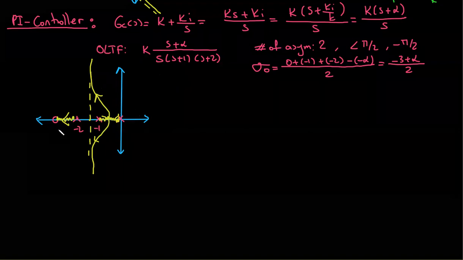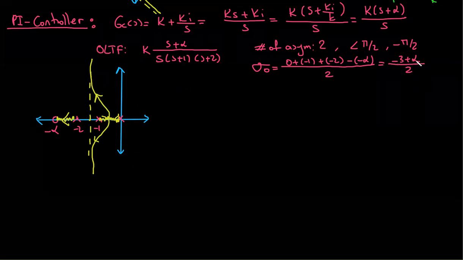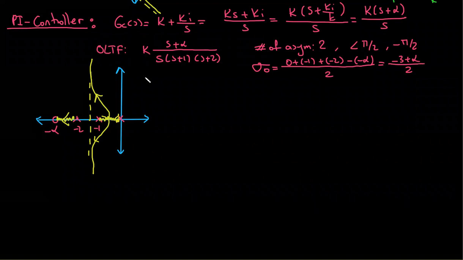And another problem is that this 0 is at minus alpha, and suppose I put this alpha too far away. Notice that the intersection of the asymptote is equal to -3 plus alpha over 2. So if alpha is equal to 10, for example, it is +7 over 2. So this asymptote goes to the right half plane, and then the system will be unstable.